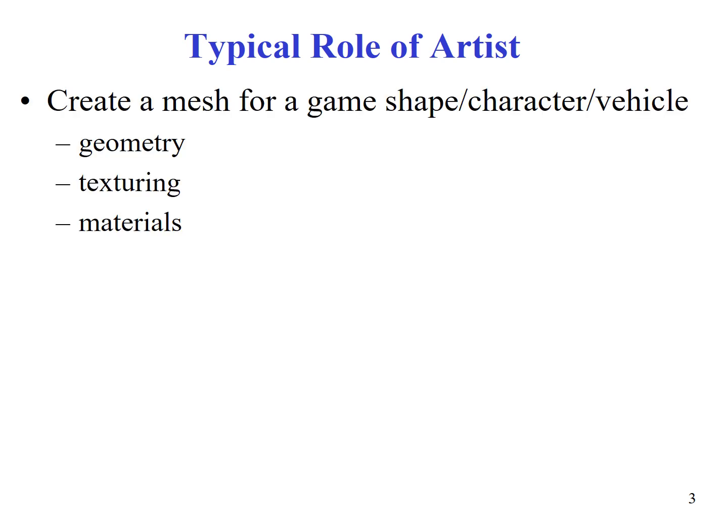Let's look at how artists make cartoons or animations. They create a mesh for a game, a shape, a character, or a vehicle, define its geometry, fill in colors to define its texture, and then define the material properties. Either color it in, giving it a shiny appearance or a more diffuse appearance.